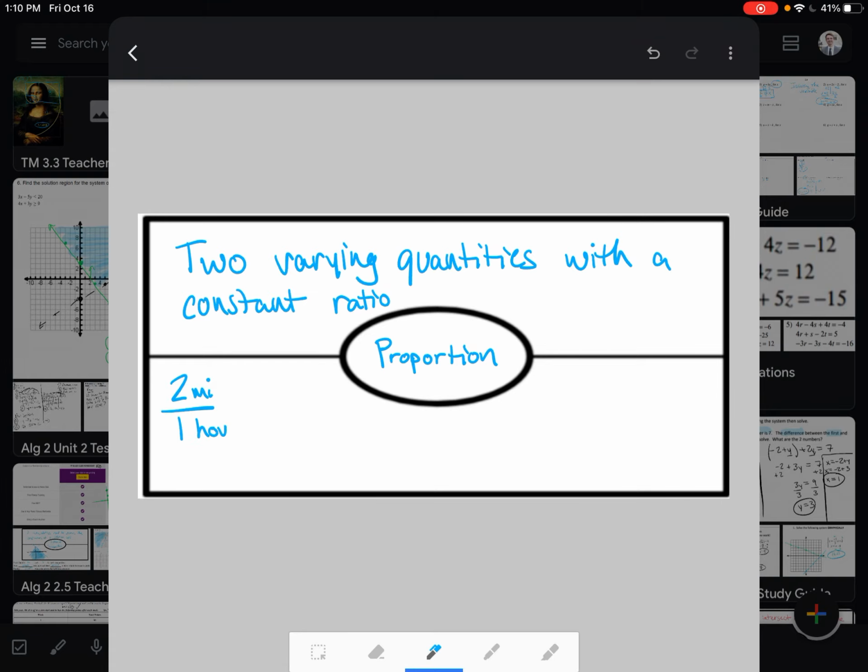If you're going 2 miles per 1 hour, to keep that ratio constant we'd also go 4 miles, except this time over 2 hours. If we divide both of these, we'll get 2. Maybe we're going really far and we're going 100 miles. Well, if we're keeping that same ratio and we have to divide our answer to get 2, that means we'd have to have 50 hours on the bottom. So it's a level of constancy there. Basically, if you divide it, you'll get the same answer back, that same unit rate that we started off with. That's the idea for proportions.